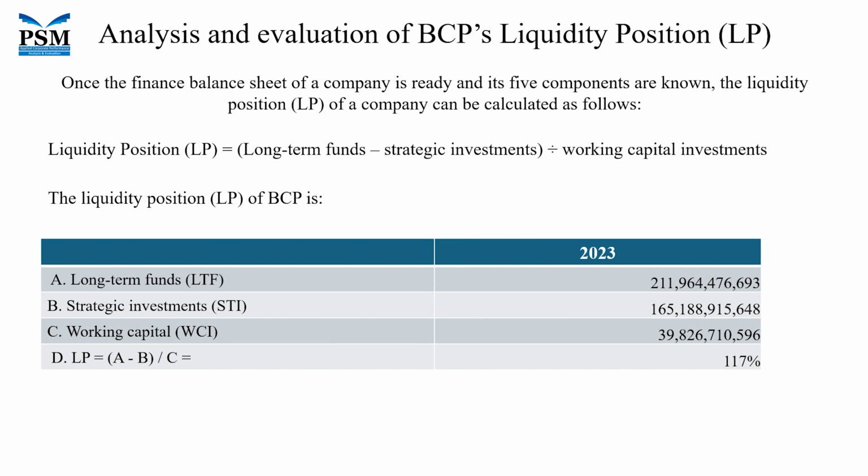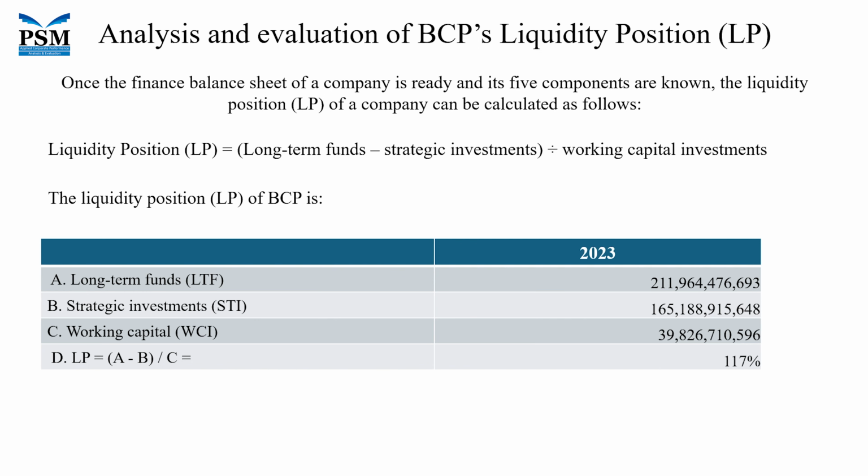Now we come to the computation of the liquidity position of a company. We shall use the financial statements of PCP as a case study. Liquidity position of a company depends on three variables: the amount of long-term funds, the strategic investments of the company, and working capital investments.